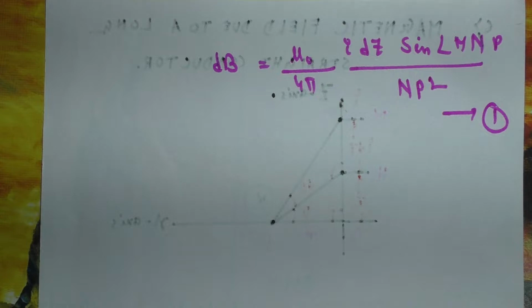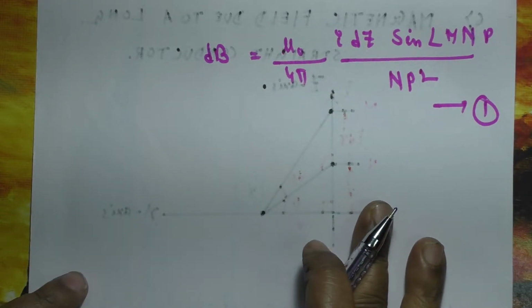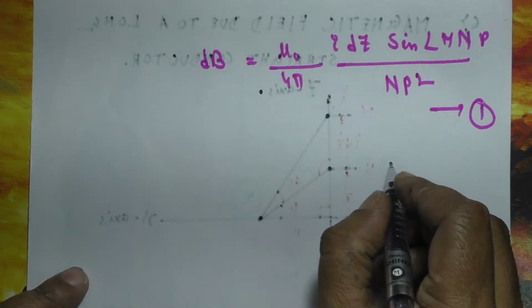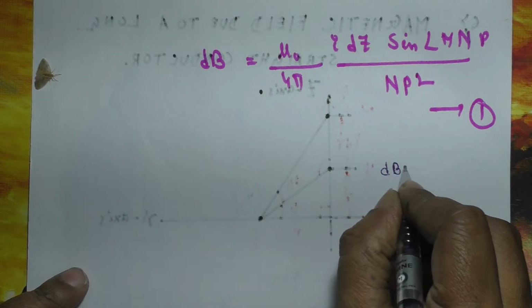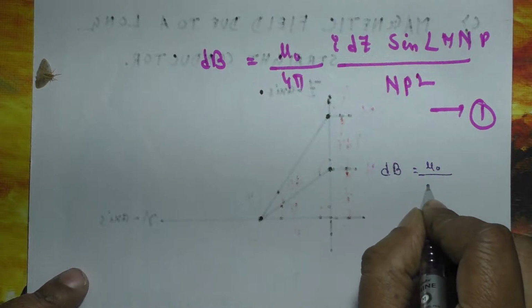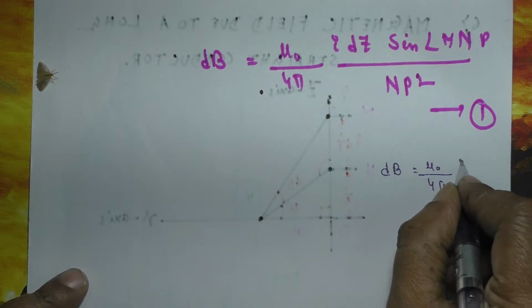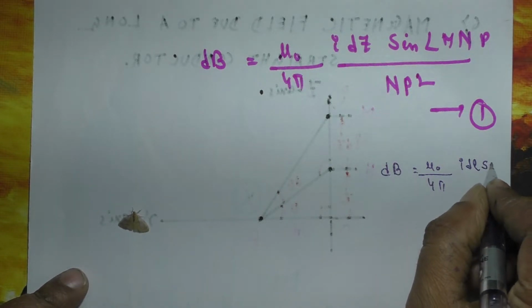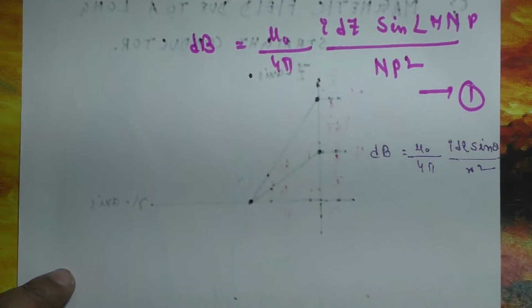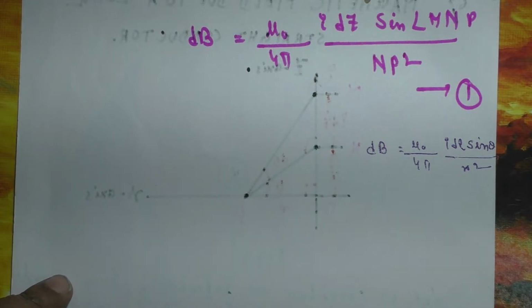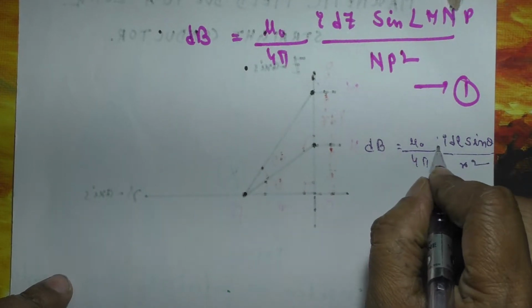In Biot-Savart law, we discussed that the form is dB equal to mu 0 by 4 pi I dl sin theta by r square, where mu 0 is the magnetic permeability, which we have already discussed, and I dl is the current element.